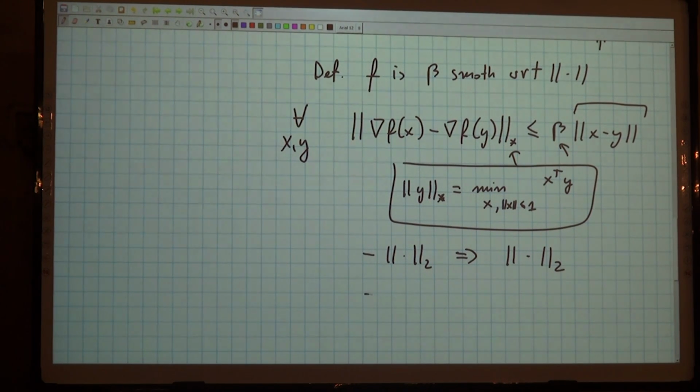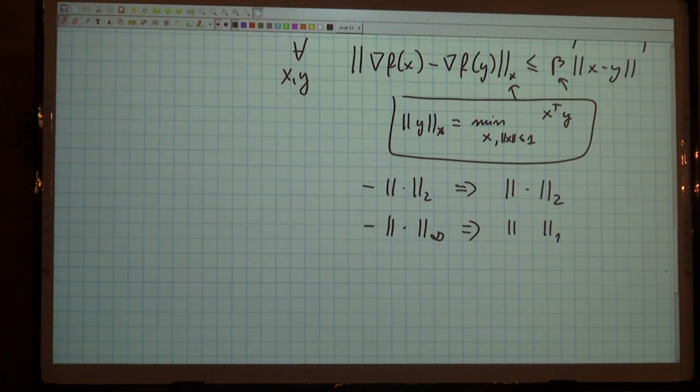But now for different norms, for instance L infinity, does anyone know what is the dual norm of L infinity? This is something very important if you took a class in functional analysis. L1, exactly.